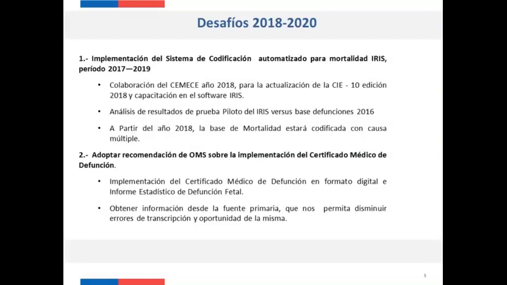So from that point, we started doing some pilot testing using 2016, and the results were fantastic. We had an IRIS coding matching of 72%, which we thought was fabulous.